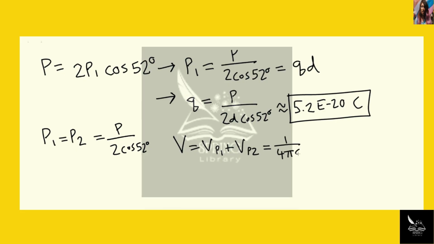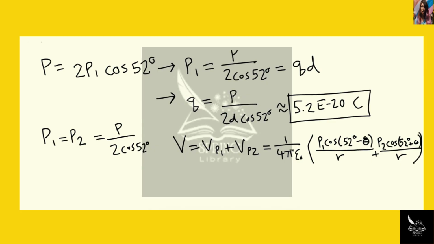The potential due to a dipole field is 1 over 4 pi epsilon naught, P cosine of (52 degrees minus theta) over R, plus the same for P2. So this is P1, by the way. This is really an exercise in geometry at the moment. This is the sum of our potentials, which gives us our total potential.